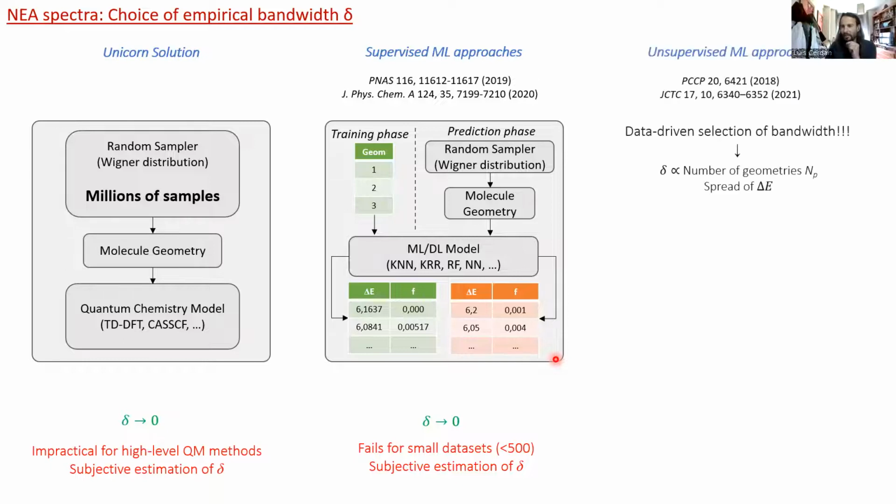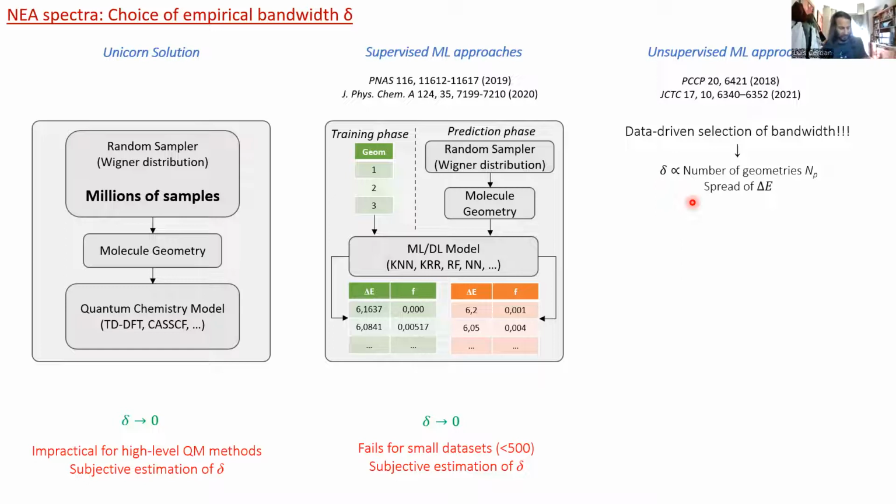There is another family of algorithms based on unsupervised machine learning, in which they forget about the geometrical information of the molecules and just focus on the absorption properties, on these values. And then they select the delta as a function of the number of geometries that you have and the spread of the transition vertical energies, the spread, or if you like, the standard deviation or the histogram of these values.